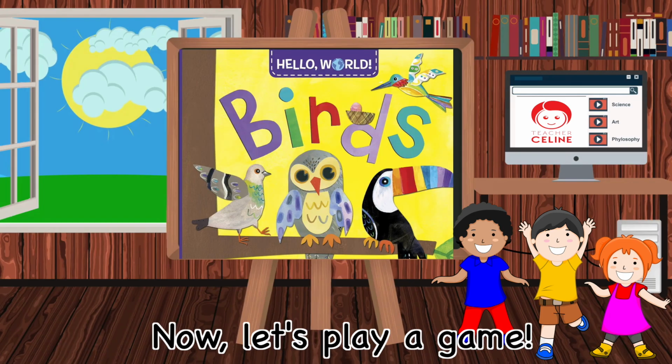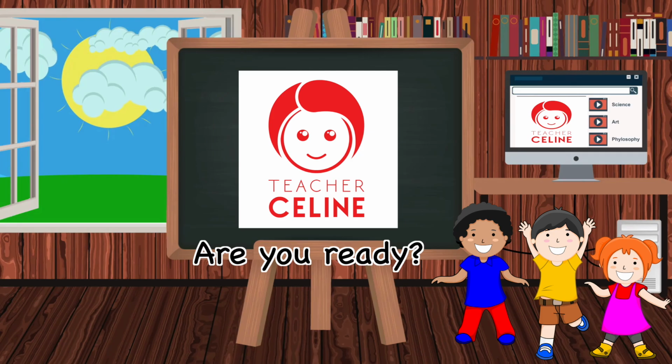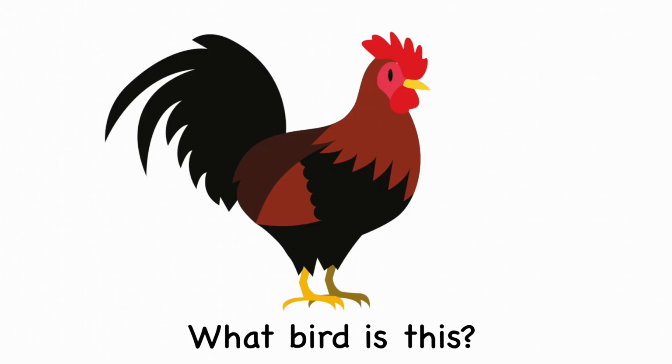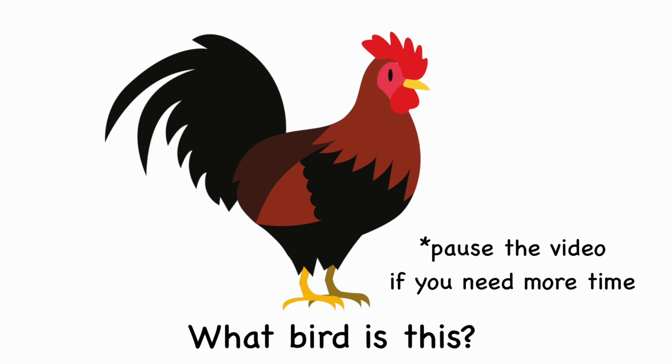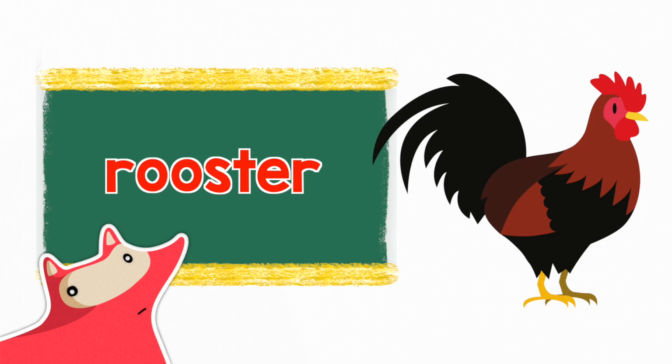Now, let's play a game. Identify the type of bird as soon as I flash it on my screen. Are you ready? Great! Let's start. What bird is this? Very good. It's a rooster. If you are correct, give yourself a check.